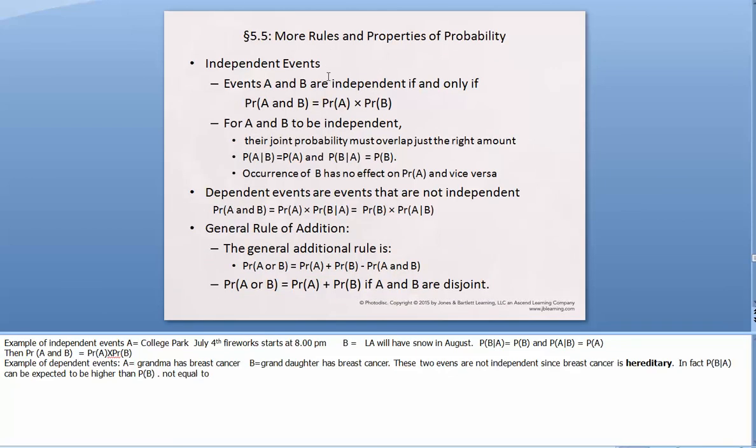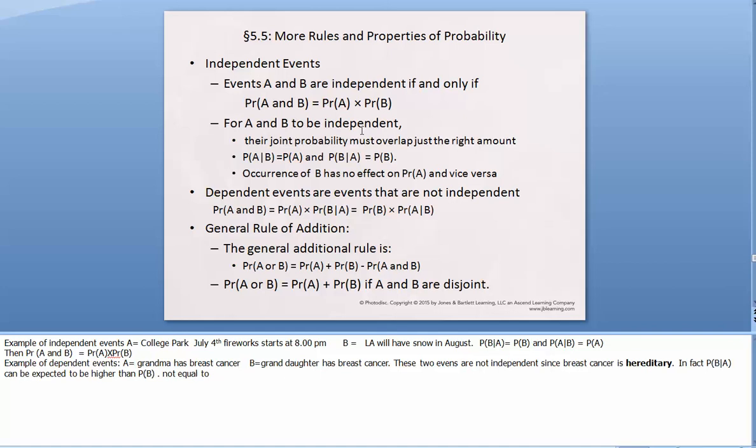Now that we know about conditional events, we need to understand what independent events are. For independent events, the joint probability will be equal to the product of the single probabilities. What is meant by independent events?